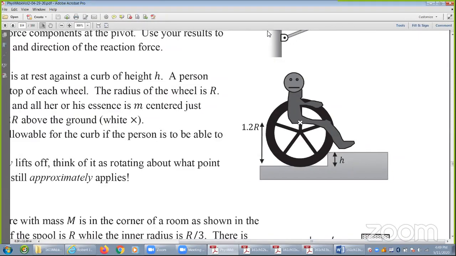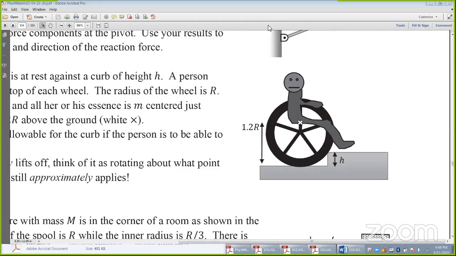So I'm going to try and annotate this a little bit. We know that they're going to be pushing here. The picture's terrible, but whatever. We're going to apply a force to the top of the wheel, and that's F, right?